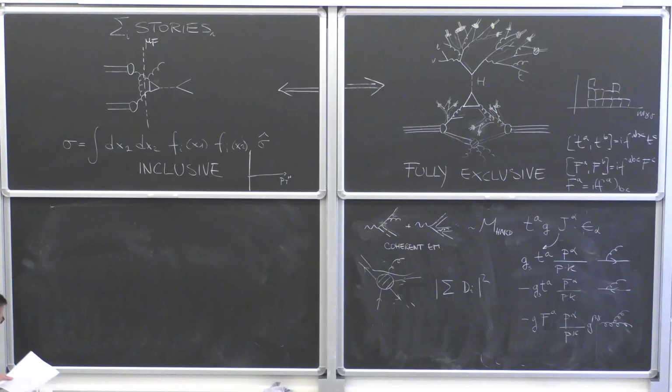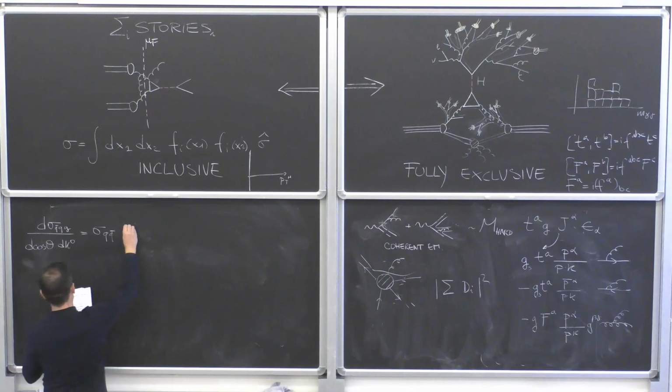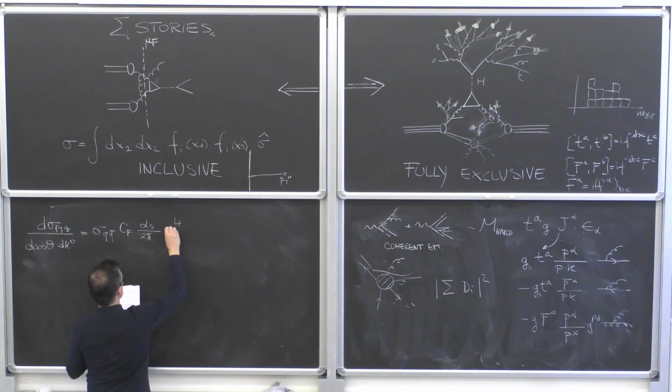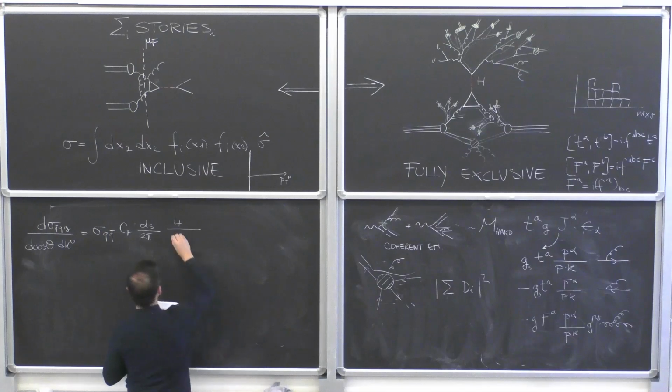Classical-ish. So I go back to my cross-section, and I rewrite my radiation in this way. Same as before, there is a 4, 1 minus cos, I erased it, but anyway.